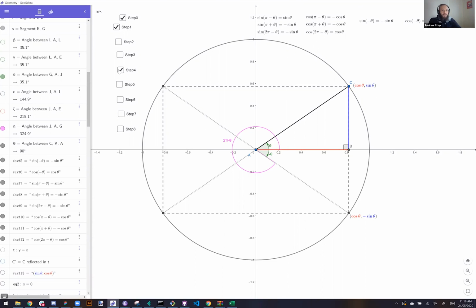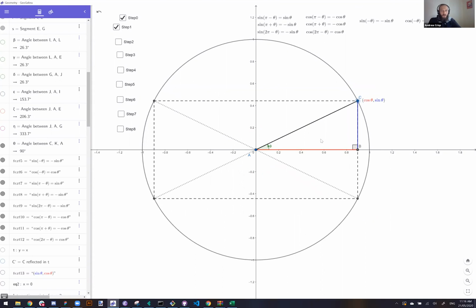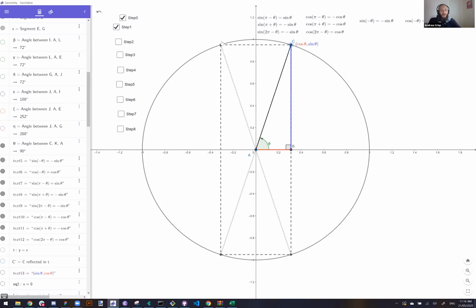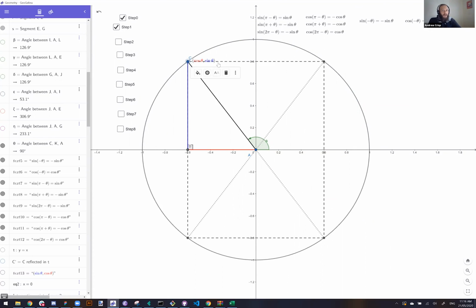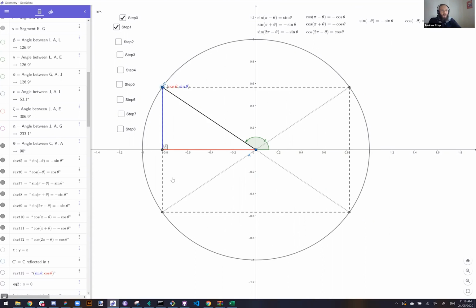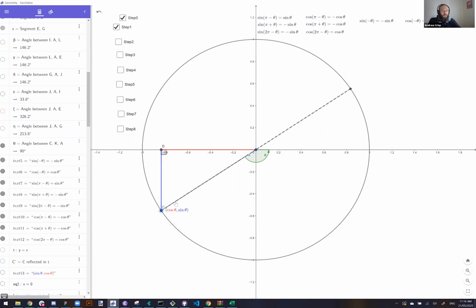And that mirrors what we get when we go like this. So here we've got cos is positive and sine is positive. And then when we go around to here, we have sine being positive and cos being negative. And then in this quadrant down here, they're both negative. Sorry, my construction's breaking at this point.